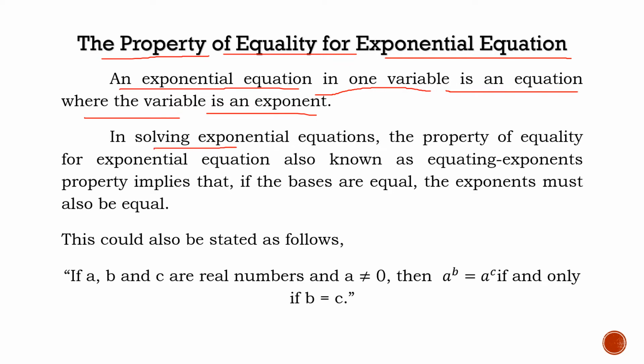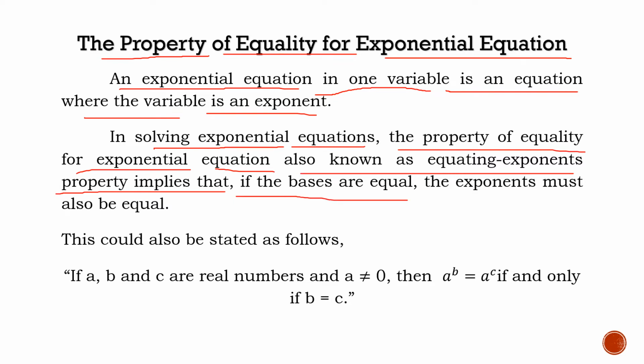In solving exponential equations, the property of equality for exponential equation, also known as the equating exponents property, implies that if the bases are equal, the exponents must also be equal. That's why we really need to make sure that your two bases are equal.